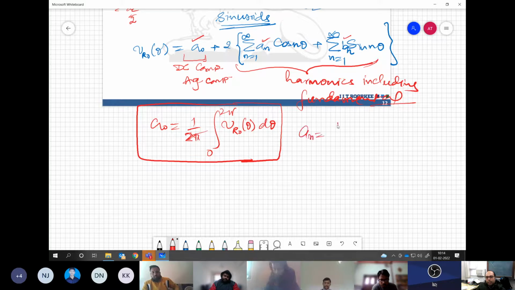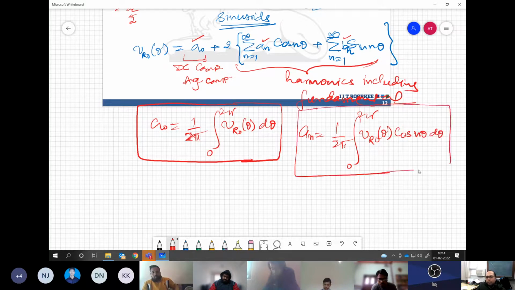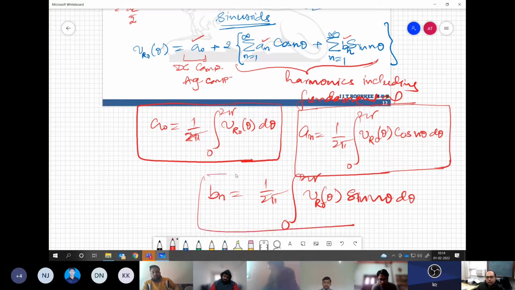Then An can be written as 1 by 2 pi, integral 0 to 2 pi, VRO theta cos n theta d theta, and Bn can be written as 1 by 2 pi, integral 0 to 2 pi, VRO theta sin n theta d theta. Like that, we can express all the coefficients of different harmonic components, including DC, fundamental, everything. This could be the general representation of all the coefficients.